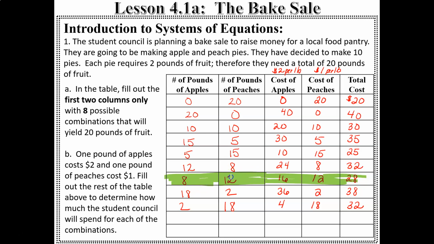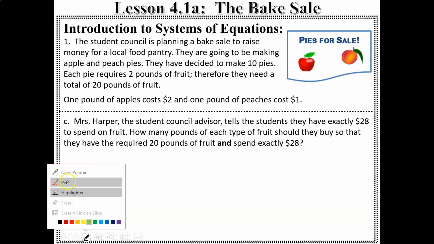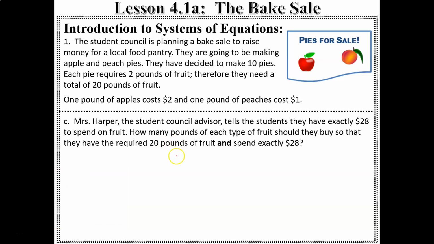So that column shows 8 pounds of apples and 12 pounds of peaches. So let's go back and fill that in. 8 pounds of apples and 12 pounds of peaches. Okay?